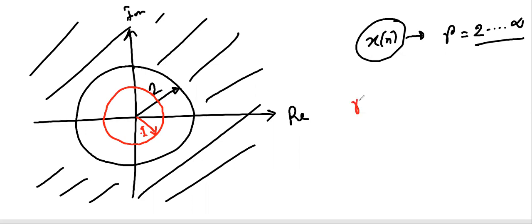Length is 1 means r equals 1. This represents anything on the unit circle. The red line on the unit circle is basically representing the Fourier transform value. How it actually comes from the Fourier domain to the Z domain, let me share that story.